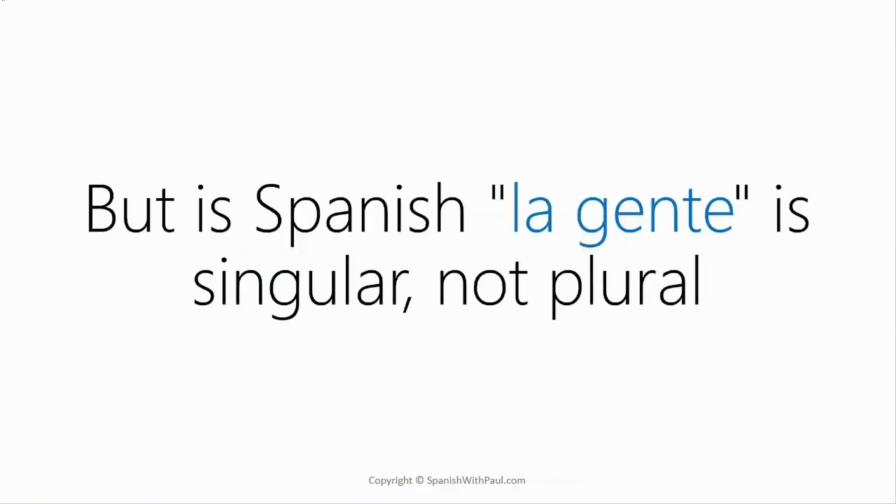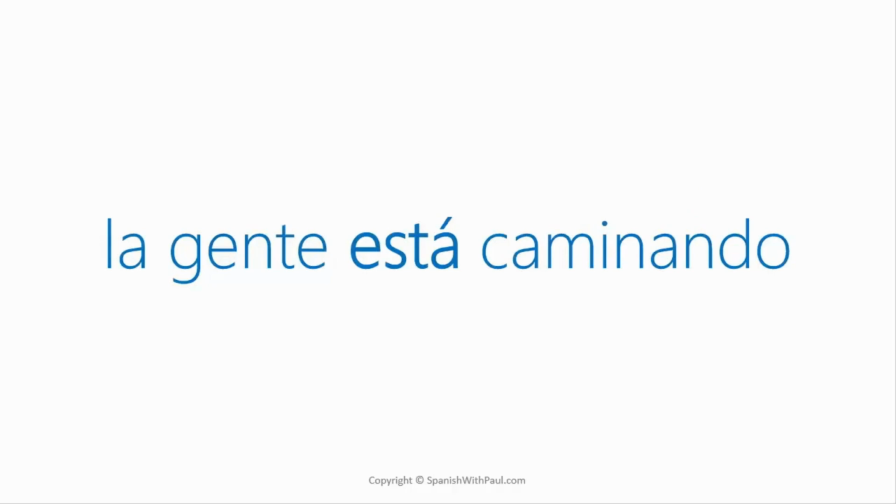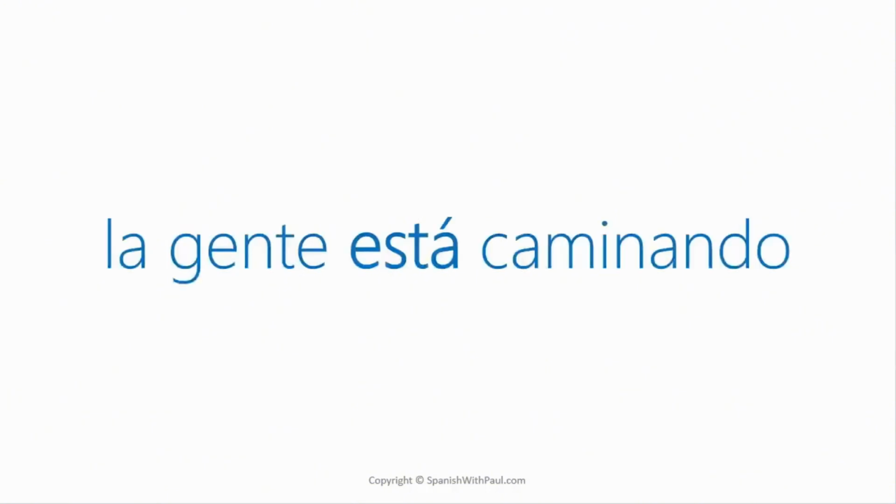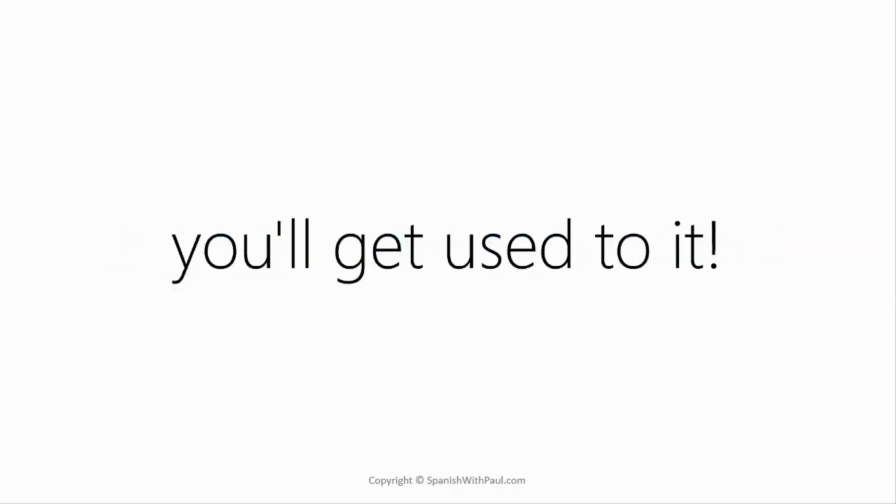But in Spanish, la gente is singular, it's not plural. And for that reason, we would say la gente está caminando. And in English, the translation sounds strange because that would translate to the people is walking. La gente está caminando. Now, it can be a bit strange to get used to at first, but after a little while, because you'll find yourself using gente quite a lot, you'll get used to it.